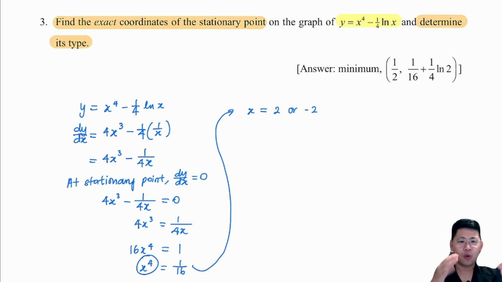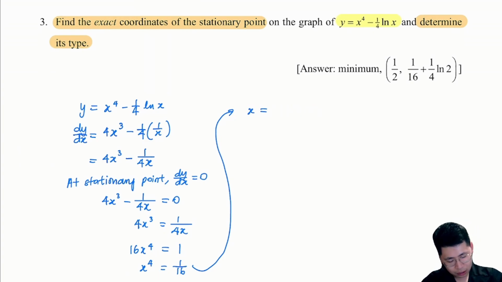When we want to undo an even power, we need to consider that negative numbers, when raised to an even power, will still be positive. So this is something for us to take note. Sorry, it shouldn't be positive 2, negative 2. It should be 1 over 16, so positive half or negative half.